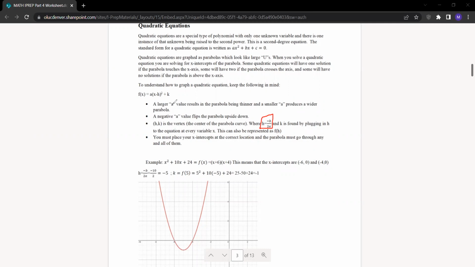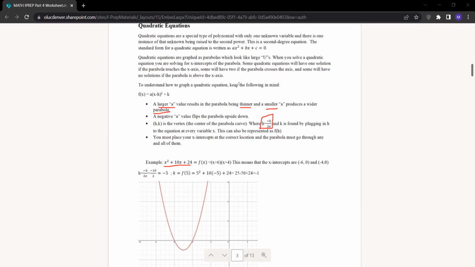Remember we have ax squared plus bx plus c. The larger the a value, the thinner the parabola is. The smaller it is, the wider. A negative a value will flip the parabola upside down. And then you must place your x-intercepts at the correct location, and the parabola must go through all of them.